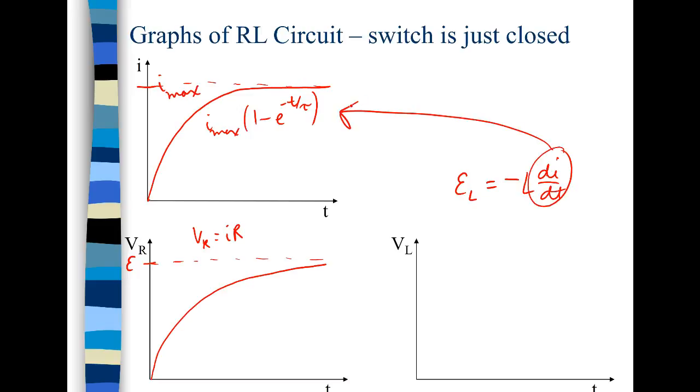But di dt is just the slope of this graph, and after a long time, the current is no longer increasing. So VL actually starts at a maximum value and decreases. Basically we're talking about the slope of the graph of I.